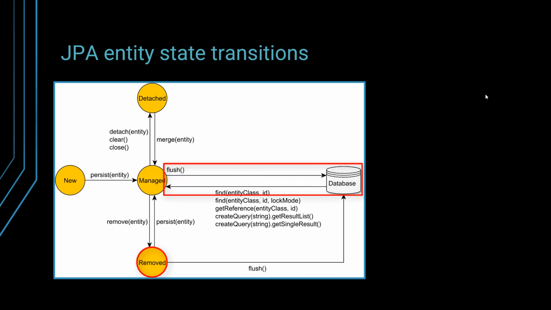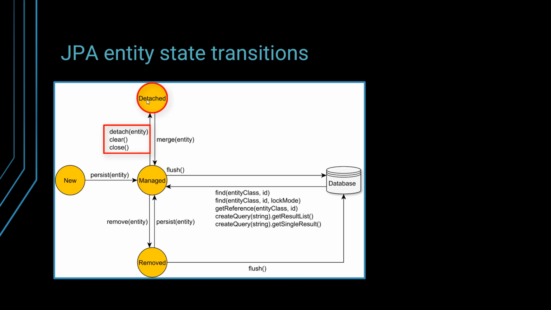If you close the entity manager, or you have a transactional context because you executed your code in a service which was transactional, and you call some repositories, and now you're returning from that service, returning an entity into the web layer, that entity gets into the web layer, and unless you're using open session in view, which you shouldn't, the transactional context was closed, the entity manager was closed as well, and the entity is in the detached state.